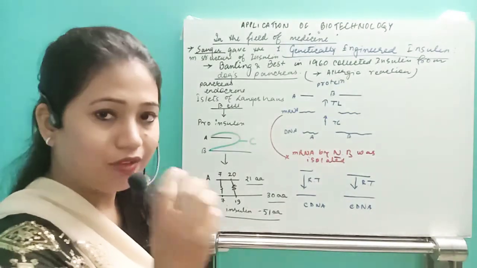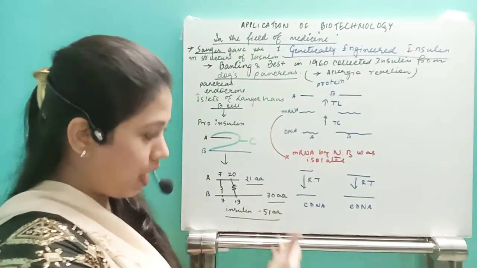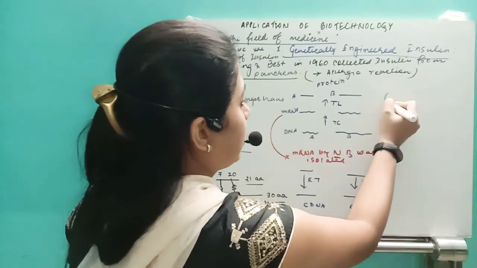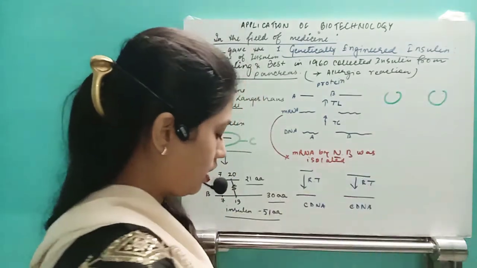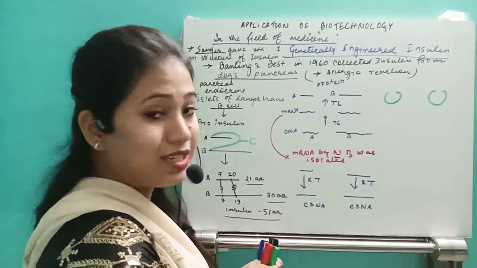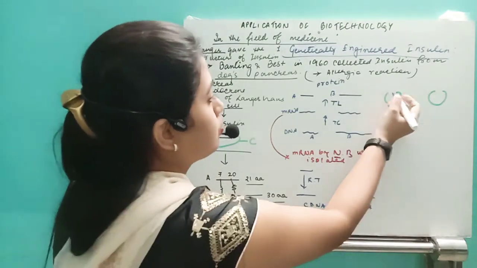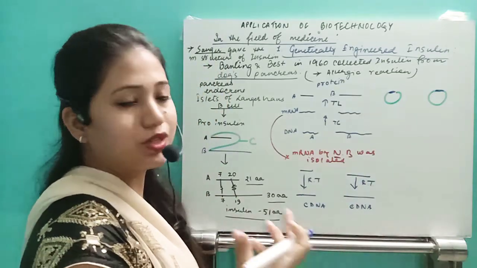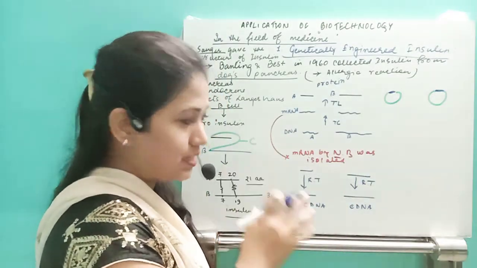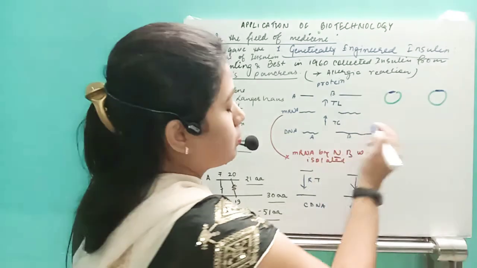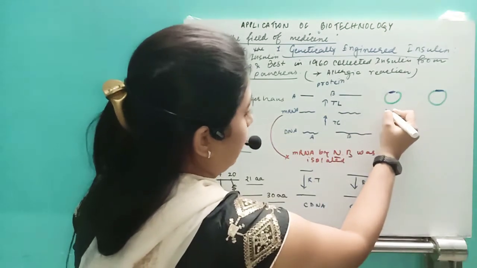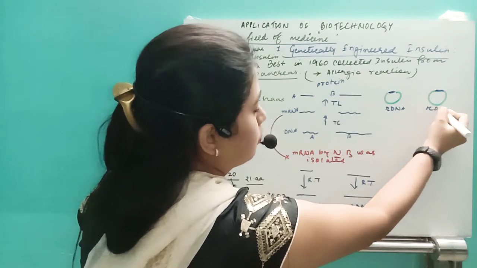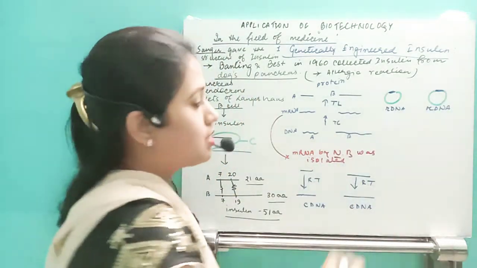For that, we isolated the gene fragment, then separately into the vector, the cDNA for the A polypeptide and the cDNA for the B polypeptide were constructed into a vector and made into rDNA. Are you getting me? So this rDNA was constructed separately.